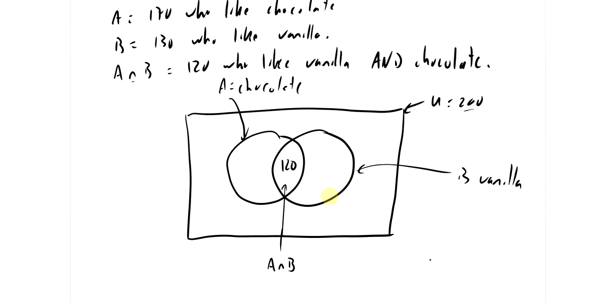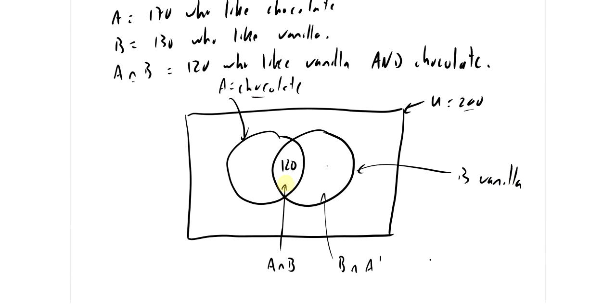Great. So what's this? Well, that's everybody who likes vanilla and does not like chocolate. If you like both vanilla and chocolate, you'd be here. So the people here are outside of the chocolate circle, so they don't like chocolate, but they're inside the vanilla circle, so they like vanilla.